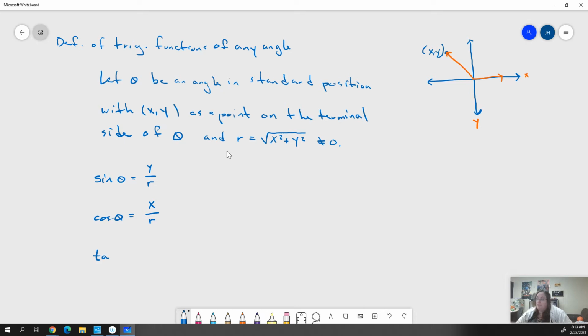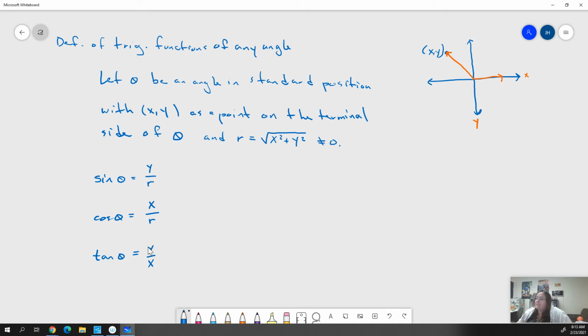Anyone guess what tangent of theta might be? No guesses? Yeah, William, exactly. It's y over x.